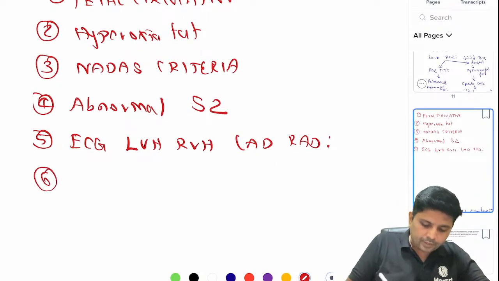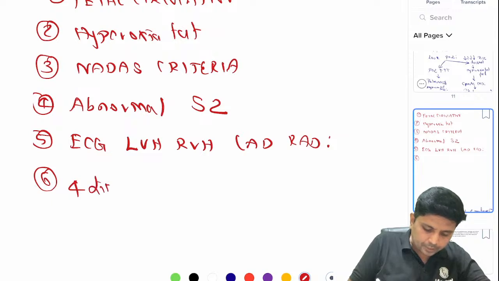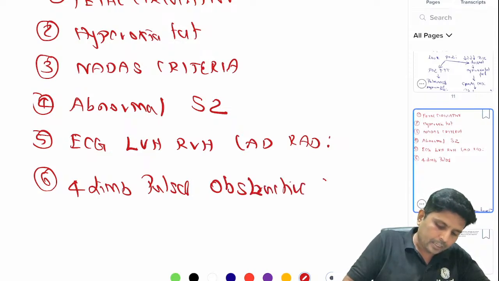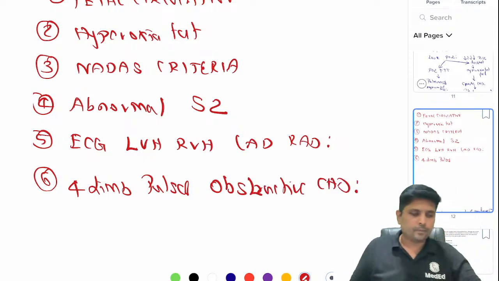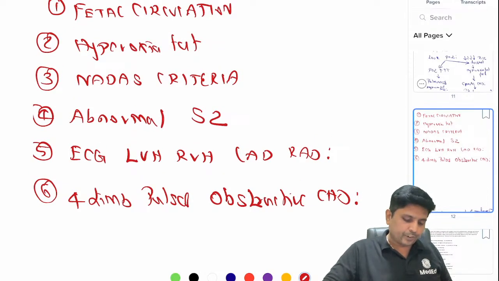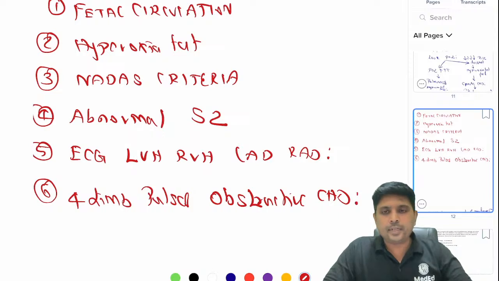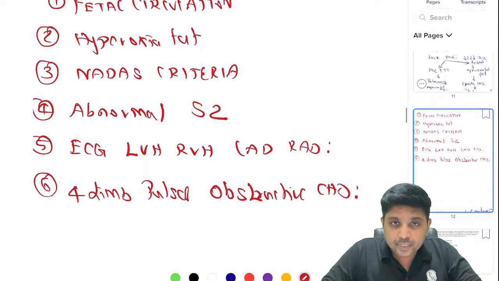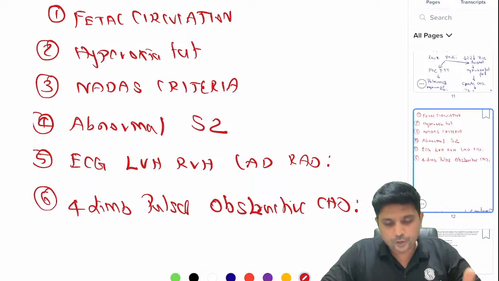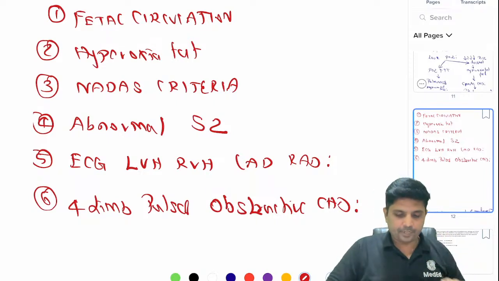And with the help of four limb pulses, how to diagnose obstructive congenital heart disease. I have taught you 7 basic things in the past 1 hour. We have discussed 6 short notes and 1 long note for your exams.